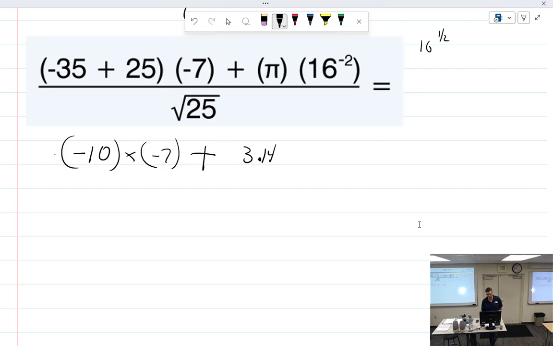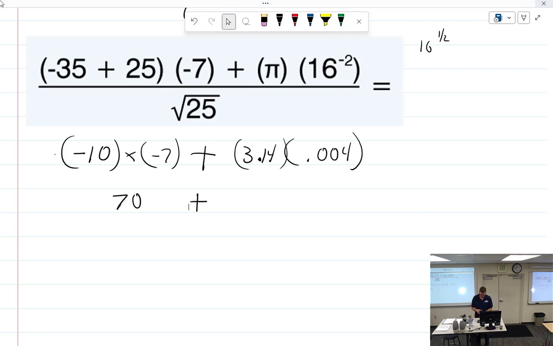Let's call it 0.004. All right, so now we're going to do our multiplication. Negative 10 times negative 7. 70 plus, I'm not doing that one in my head. 0.004 times pi key equals, what do you got?